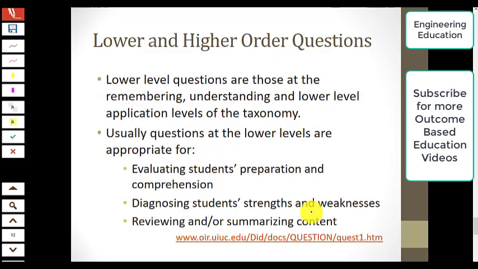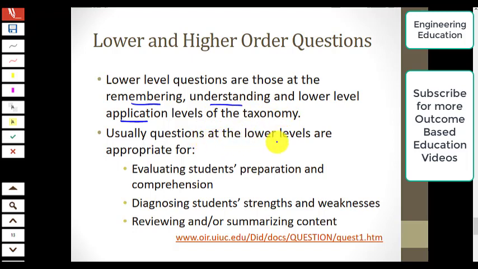Using Bloom's taxonomy levels: lower and higher order questions. As we discussed, there are two domains of Bloom's taxonomy. One is lower order thinking levels and second is high order thinking levels. Lower level questions are those at the remembering, understanding and lower level application of the taxonomy.